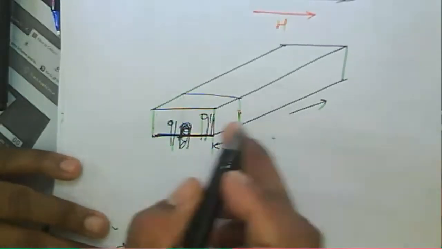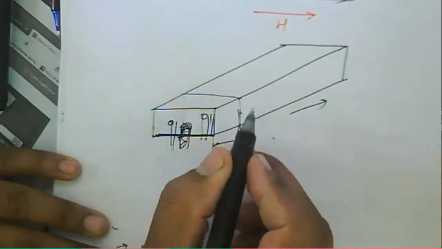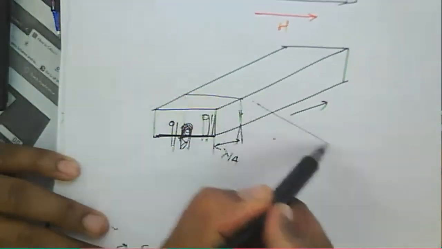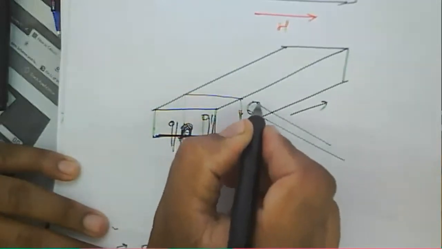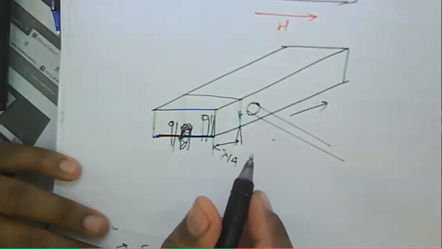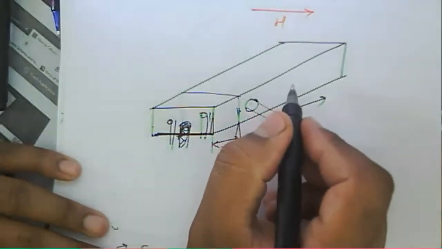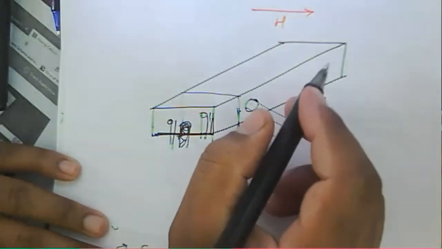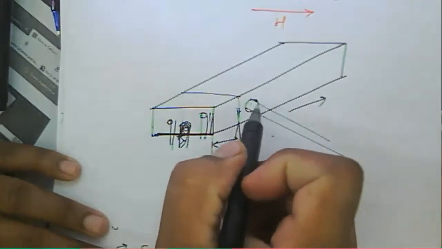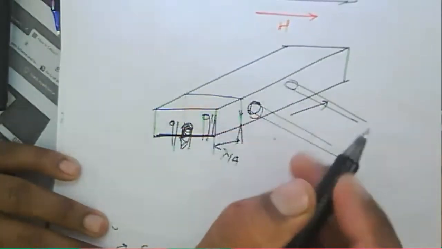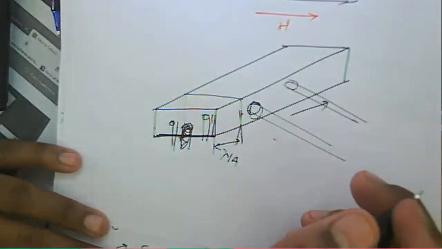And for the TM mode, we need to excite from this particular side of the guide. Then it becomes a TM mode. If it is one probe, it is TM1 mode. If we insert two probes, then it becomes a TM21 mode.